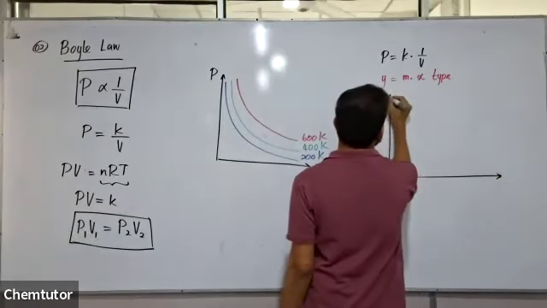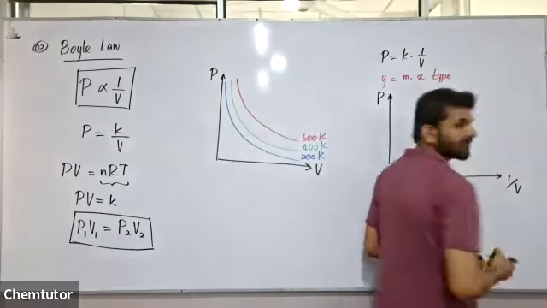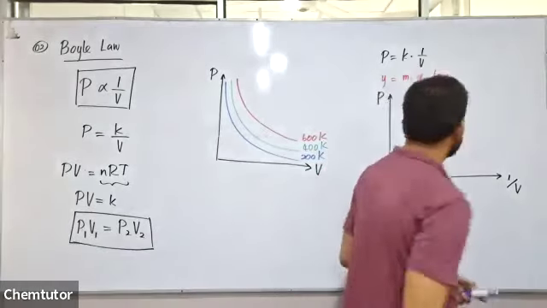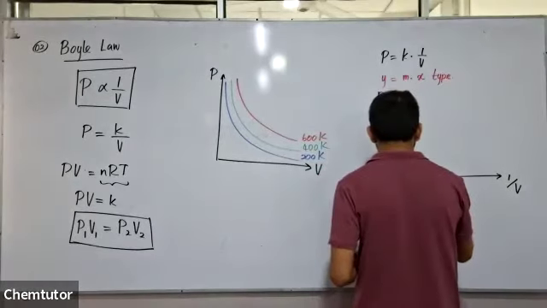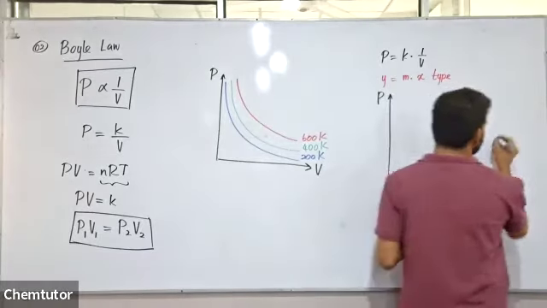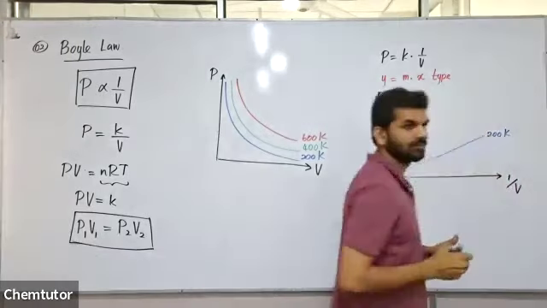If we plot pressure versus 1 over volume, it should be a straight line graph. At lower temperatures, the gradient is low.